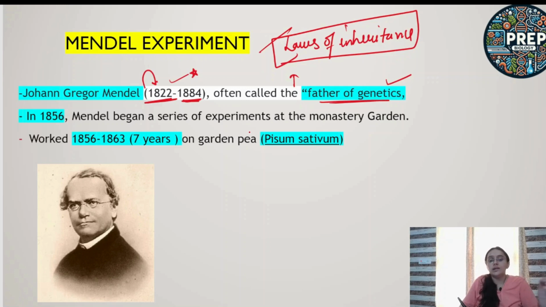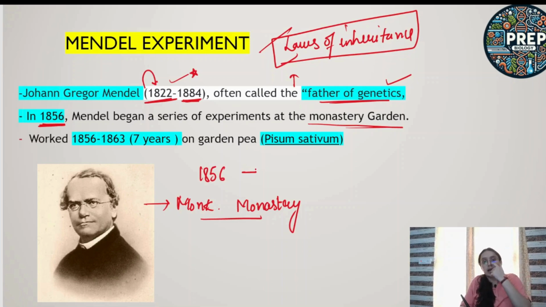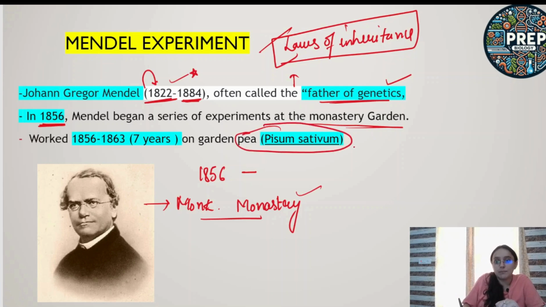Now, what did Mendel do? In 1856, this date is also important, Mendel began a series of experiments at the monastery garden. Basically, Mendel was a monk and lived in the monastery. He chose a plant, that is the pea plant.